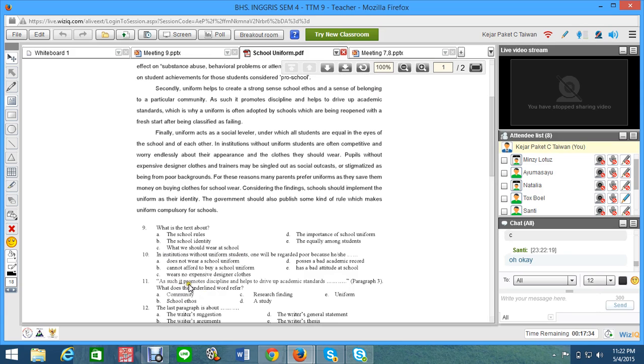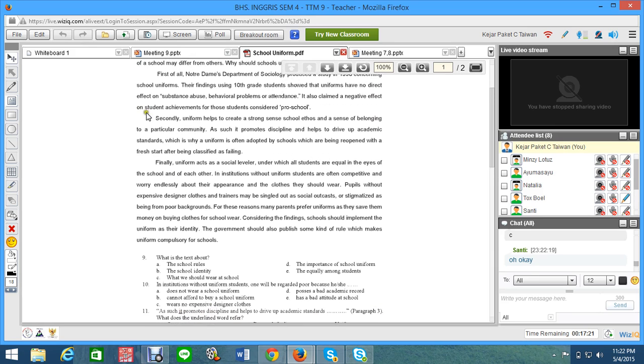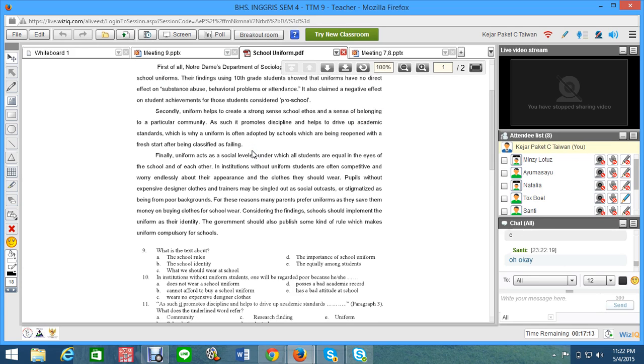As such it promotes discipline and helps to drive up academic standard. Paragraph 3. Okay, let's see paragraph 3. What does the underlined word refer? Jadi it refers to, paragraph 3, 1, 2, 3. Ini dia. As such it promotes discipline and helps to drive up academic standard. So it here, di sini refers to where?